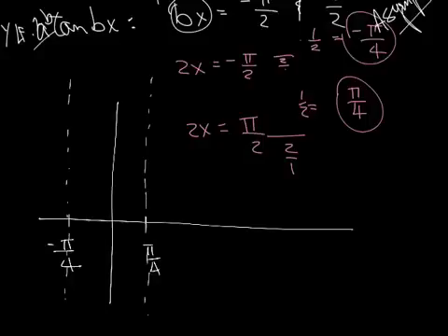The number halfway between these two is where my tangent crosses the x-axis. Halfway between negative pi over 4 and positive pi over 4, if you add these two up and divide by 2, you'll get that point there. So there's one of my points. Let's put it in green here. That's where it crosses the x-axis.